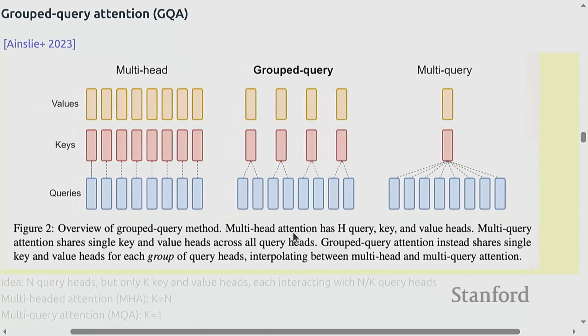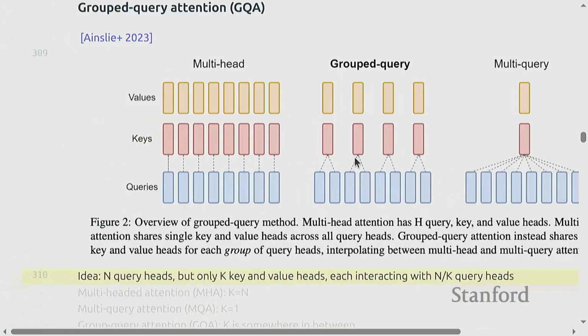So why are we doing this? Well, remember we want to reduce the KV cache size, so the fewer keys and values there are, the better. The batch size and the sequence length don't get changed, and the dimensionality of these vectors doesn't change, but it's the number of key-value heads that we're reducing.